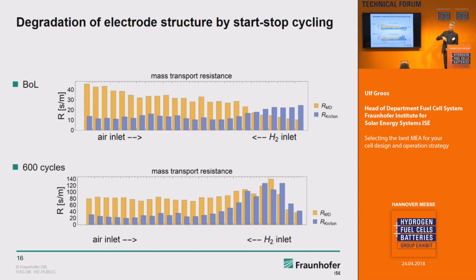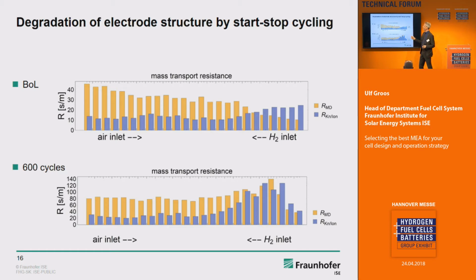If you want to analyze this scientifically, and especially the porous structure of the catalyst layer, you can extract the resistance for molecular diffusion. Say it's the larger pores, which is shown here in orange. And then the really small pores, it's called Knudsen diffusion, which is shown in blue.